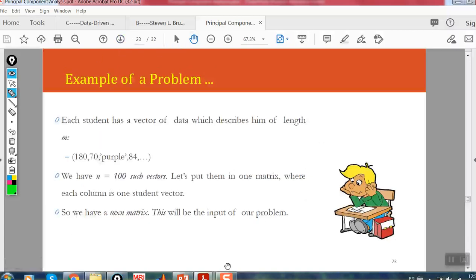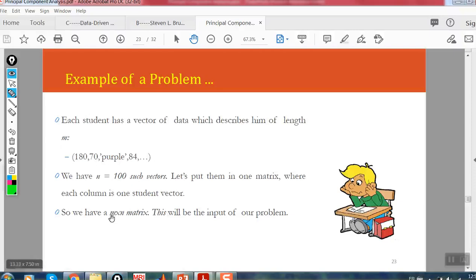Okay, then as you see here, each student has a vector of data which describes him, of this length. The number of students is 100. Then we can put each vector in one column of the matrix. Finally we have a matrix of m by n.